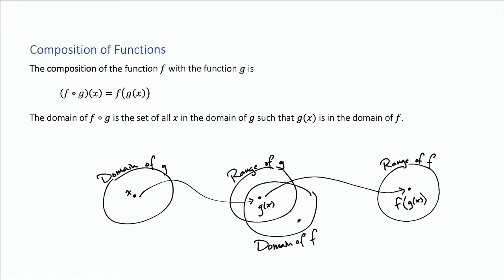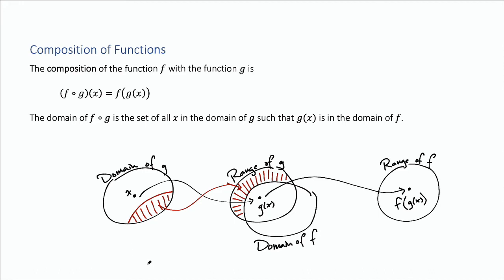So whatever gets sent to this portion over here, and I'll highlight that in red, may be sent to by some portion of the domain here. And that portion right there is not going to be in the domain of f composed with g.